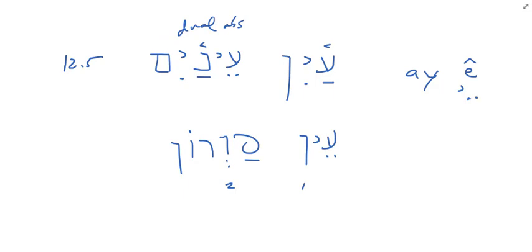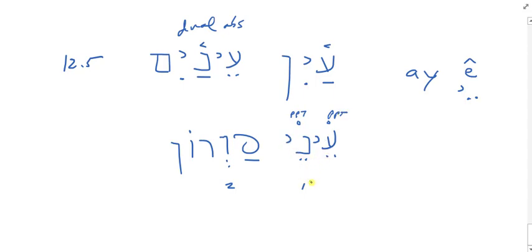So how would I say the eyes of Sauron? Enayim becomes enei. Excellent. Enei. So ay is ei. Okay? So enei Sauron. No accent over here. Notice that these are both open and propretonic, aren't they?